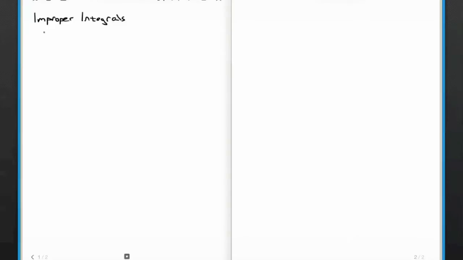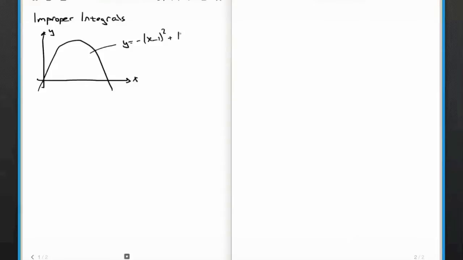Now, we've done stuff like this for a long time now, at least a semester and a half, where say I have some parabola that maybe looks like this. There's y, x, and let's call this one, how about negative, so it's upside down, x minus 1 squared plus 1 to get it up a little bit.